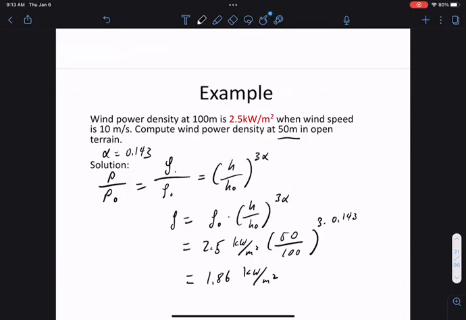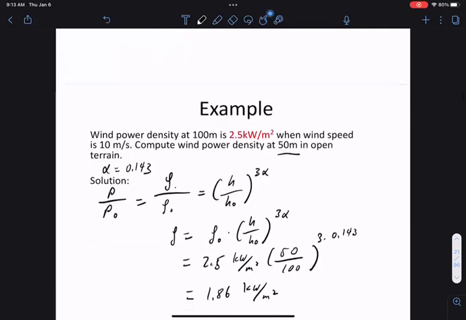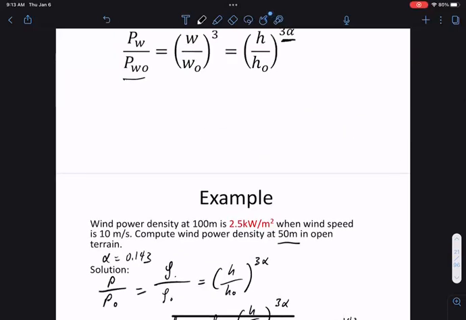So one assumption we made here: if you think about the wind turbine, it traces out a circle, and we assumed that the speed through this circle is constant. That's why we get A multiplied by the cube of the speed for the power relationship.